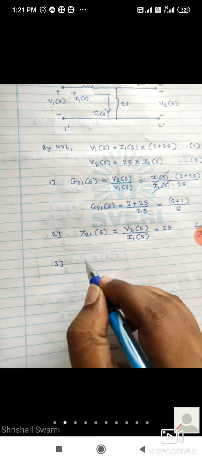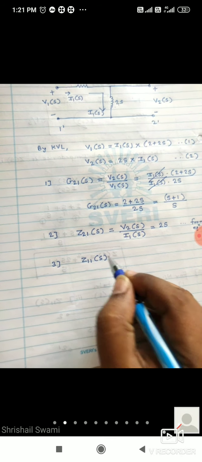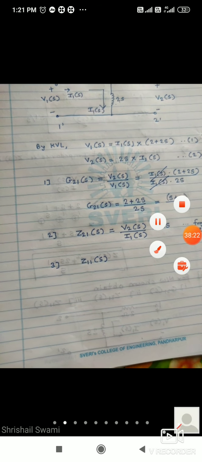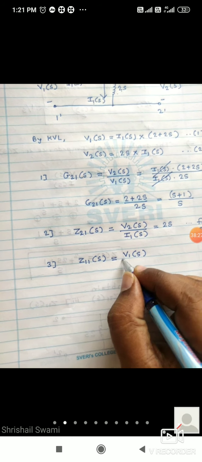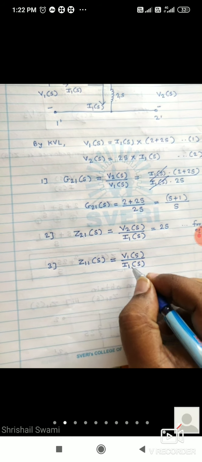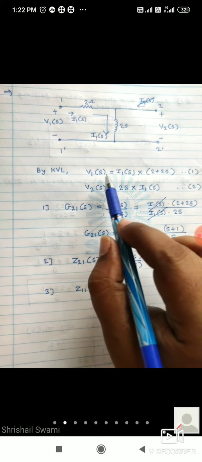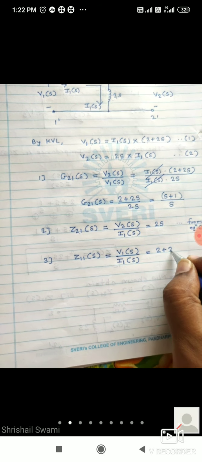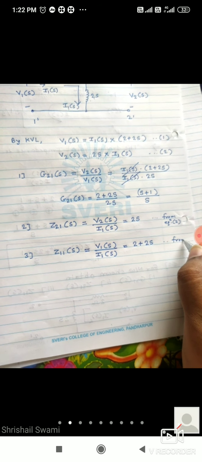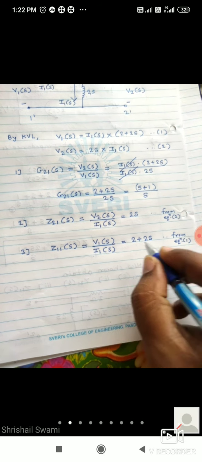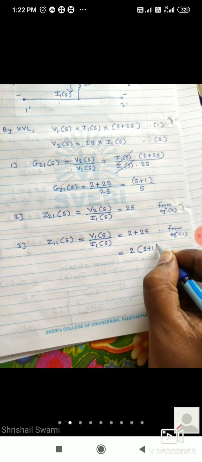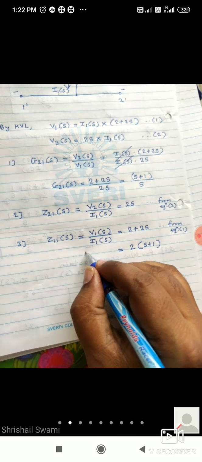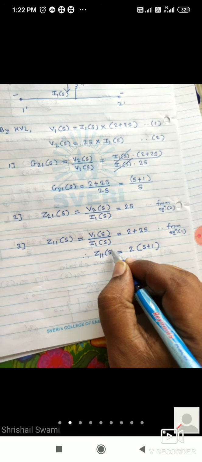Now the third point, that is Z11 of S. Z11 of S is equal to V1 of S divided by I1 of S. So V1 and I1 are present in equation number 1. V1 upon I1 gives 2 plus 2S. So this is from equation 1. Here again you can simplify, that is after taking 2 common, S plus 1 remains. So 2 into S plus 1. So this is Z11 of S.